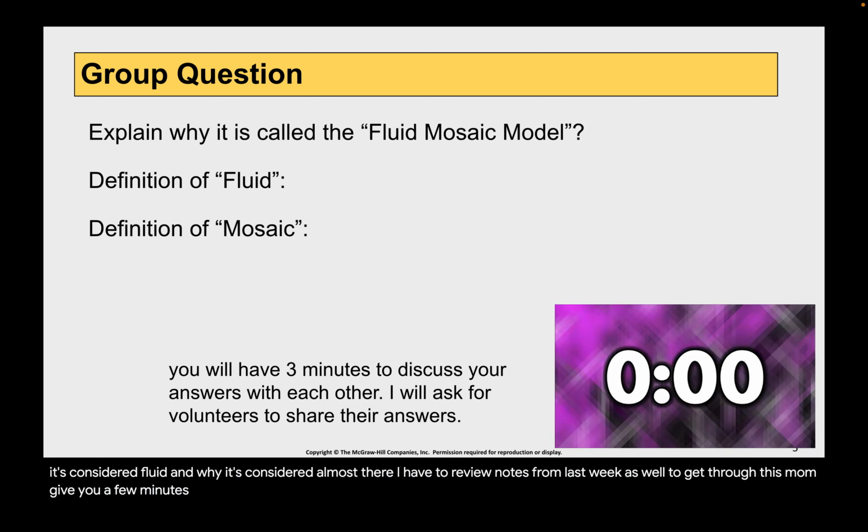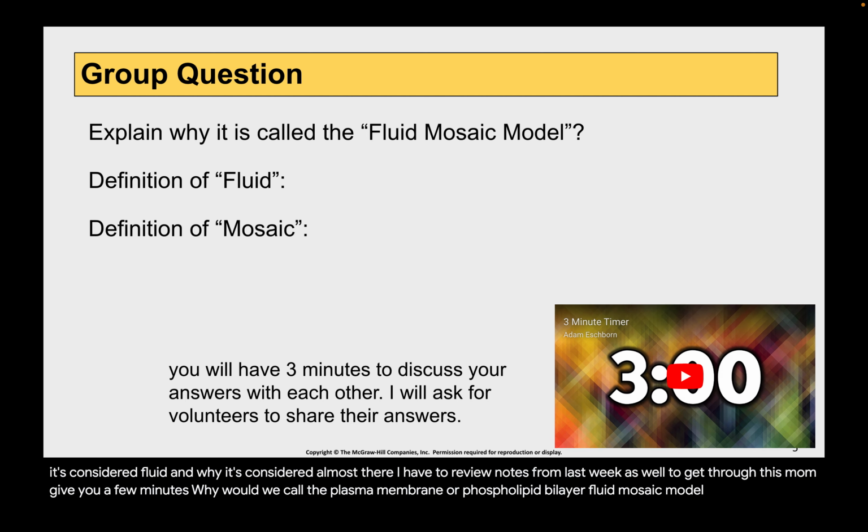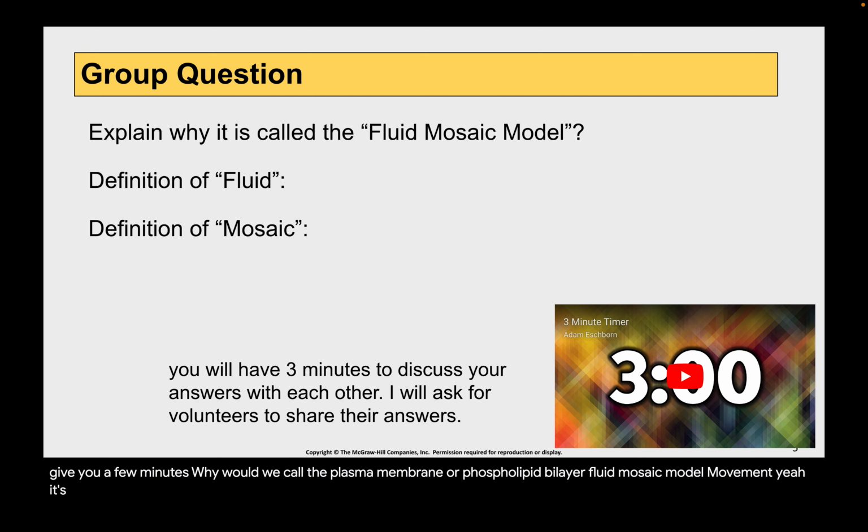All right, why would we call the plasma membrane or the phospholipid bilayer fluid mosaic model? Let's start with the first one. Why is it fluid? Yeah, there's movement. It's not stagnant. Phospholipids can move.